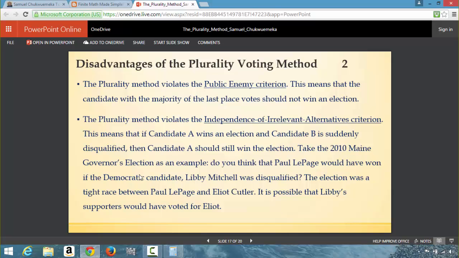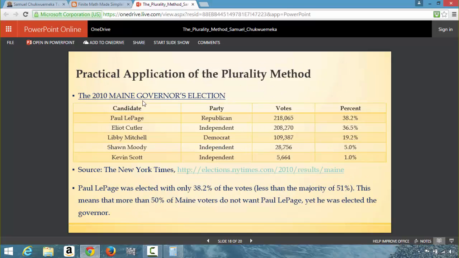Let's see a good example from the state of Maine. This is the 2010 U.S. state of Maine governorship election. Paul LePage contested on the Republican Party. Elliot Cutler is an independent. Sean Moody, independent. Kevin Scott, independent.